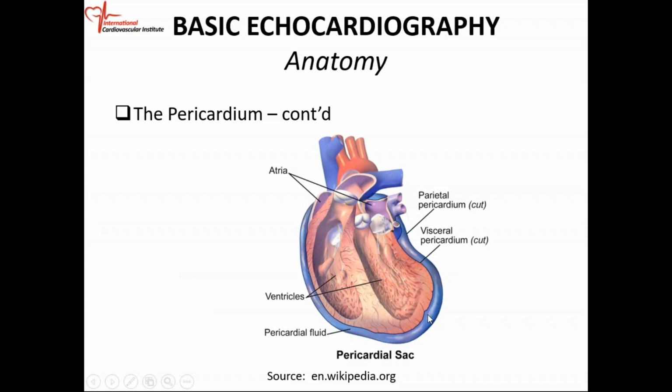Okay, so again, the pericardium covers the heart. We remove the fibrous pericardium, so all we have now is what we call the serous pericardium. And the serous pericardium is made of an outer parietal layer and an inner visceral layer. This is really a potential space. And so the pericardial fluid is not a lot, okay?